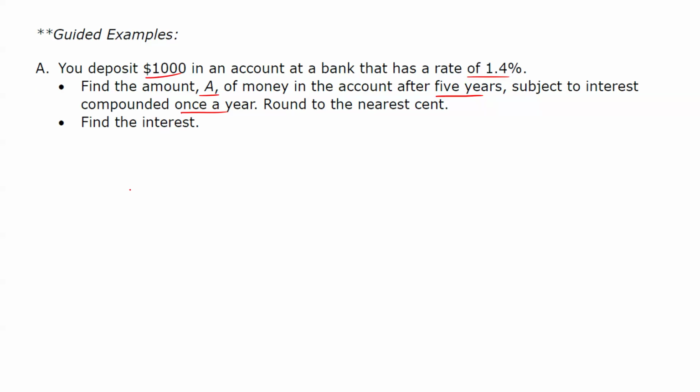So the first thing we need to do is find A. We need to find the amount of money in the account after 5 years. So we know P is 1,000. We know R is 1.4%, which is 0.014. And we know T equals 5.